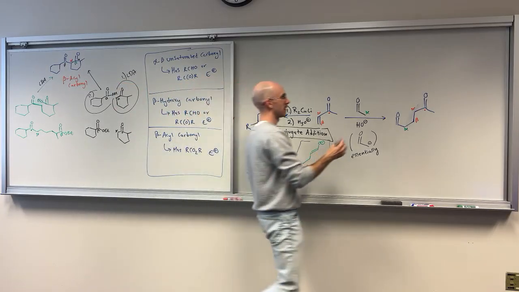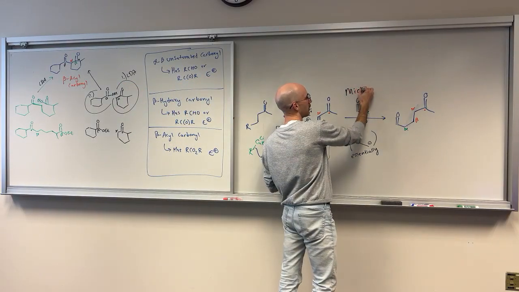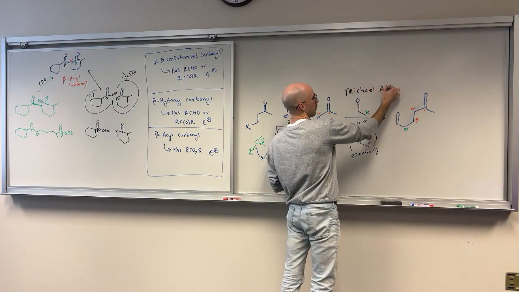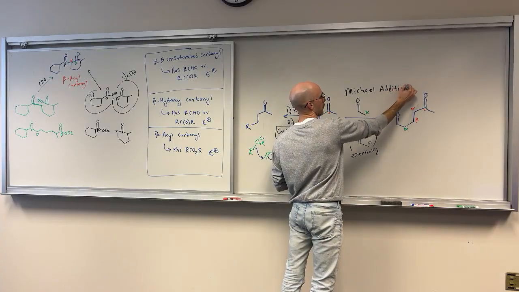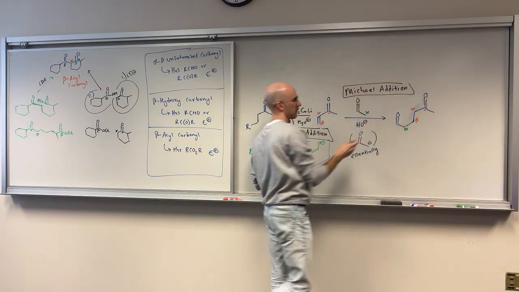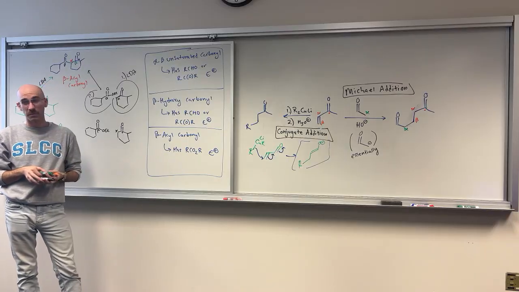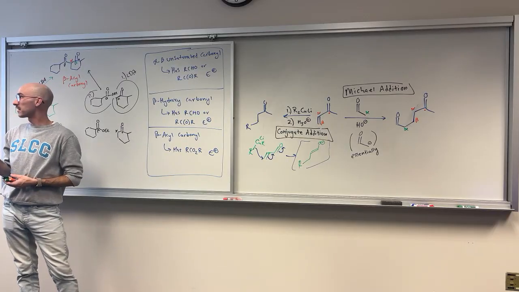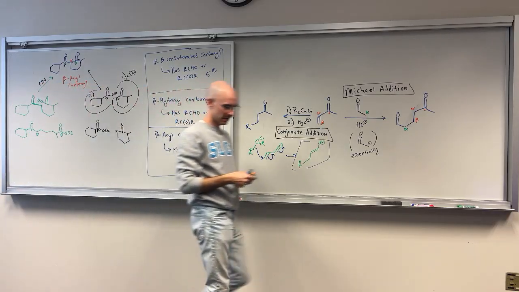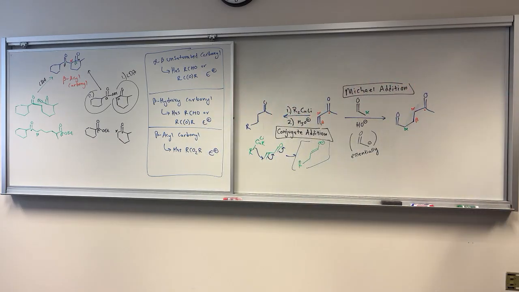This reaction is called the Michael addition. And I may have come up with a bad example of it because the last reaction we're going to see actually follows a Michael addition, and I think this Michael addition would do the same.